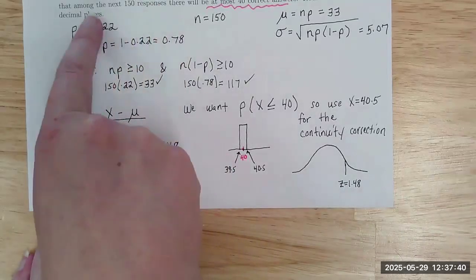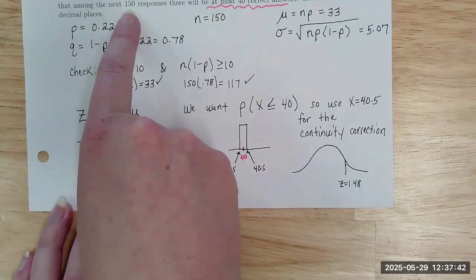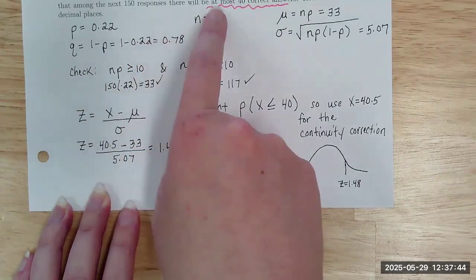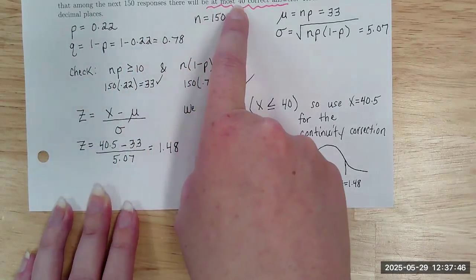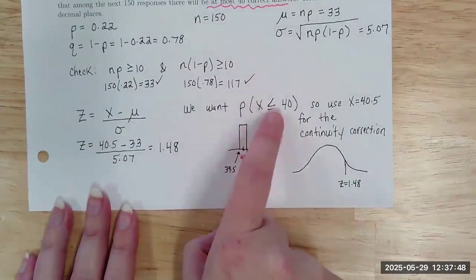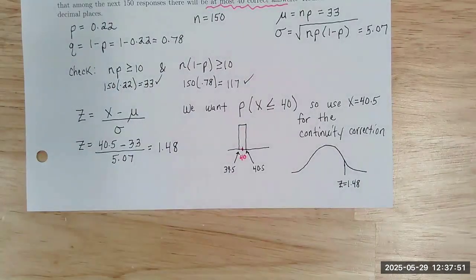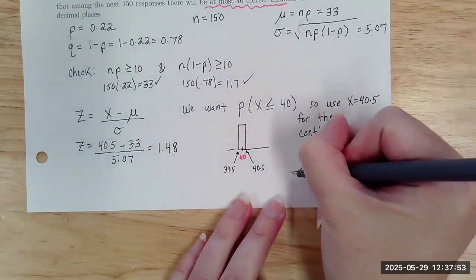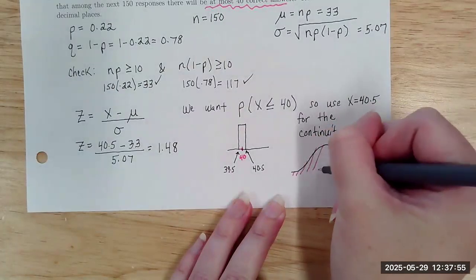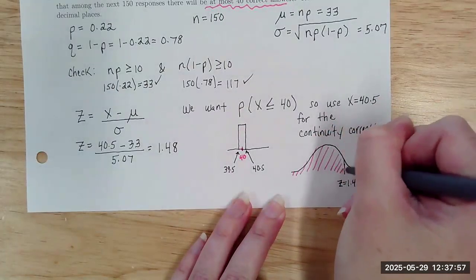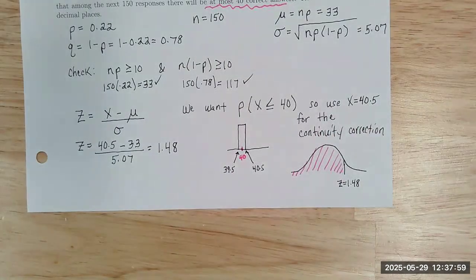This says that we are estimating the probability that among the next 150 responses, there are at most 40 correct answers. So because, again, we've got that less than or equal to sign, this is the side that we want. So do we have to subtract our answer from 1 or no? No, we're good to go.